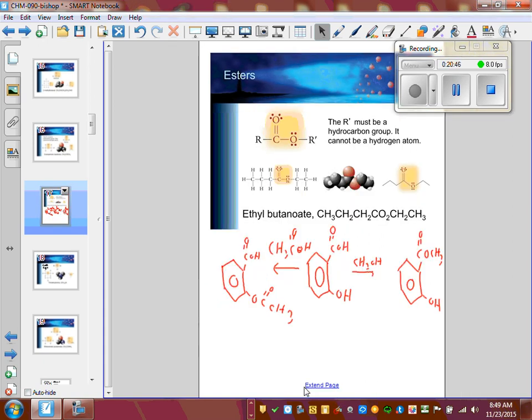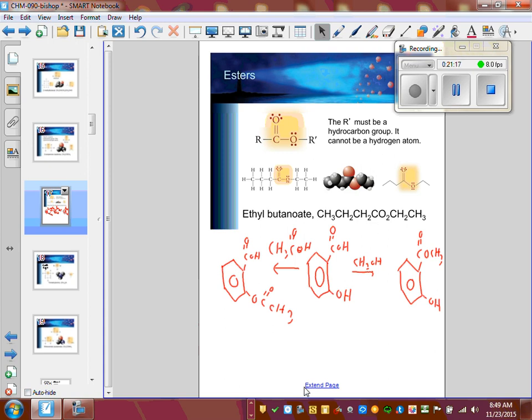On the bottom, I'm showing salicylic acid. It has a carboxylic acid group at the top and an alcohol at the bottom. If I react it with methanol, I make an ester at the top, acetyl salicylic acid. Take two and call me in the morning. Aspirin.